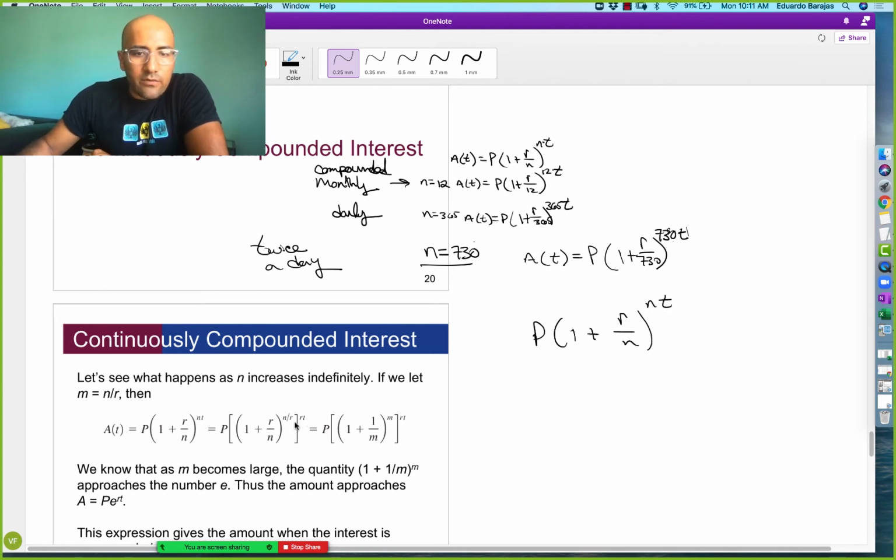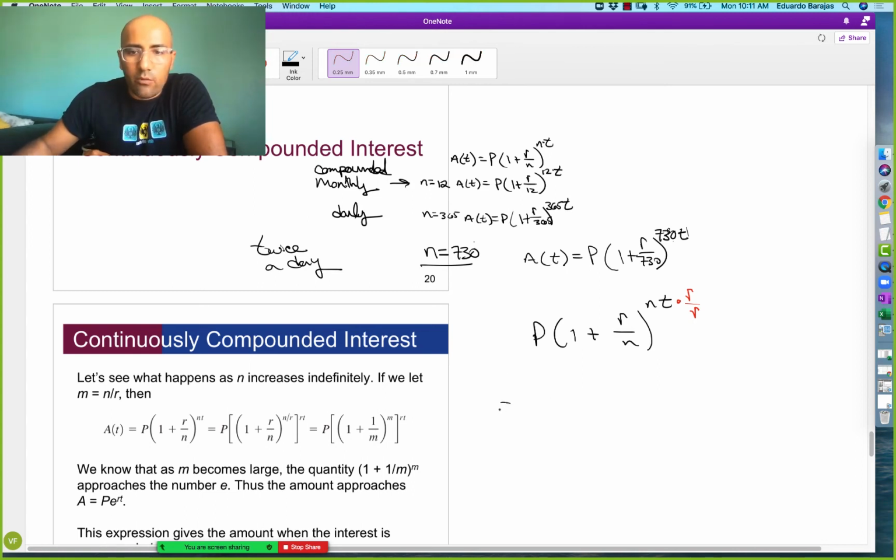Here they're just introducing this result, and you can manipulate it because you can always multiply anything by 1. So let's multiply it by r over r, another version of 1. So that's fine.